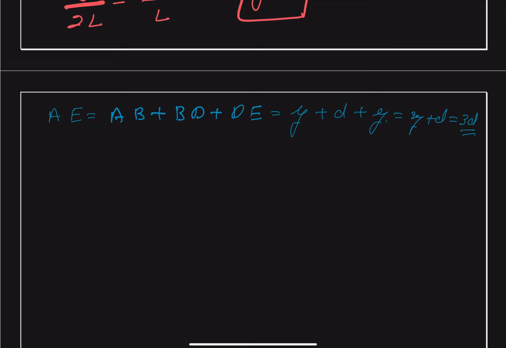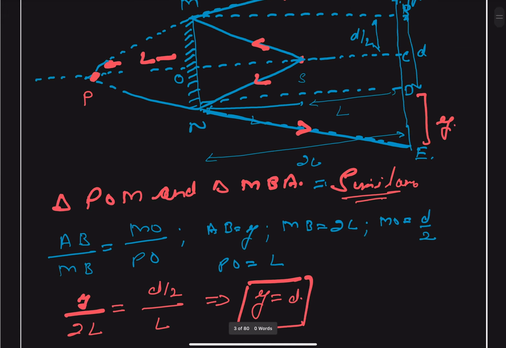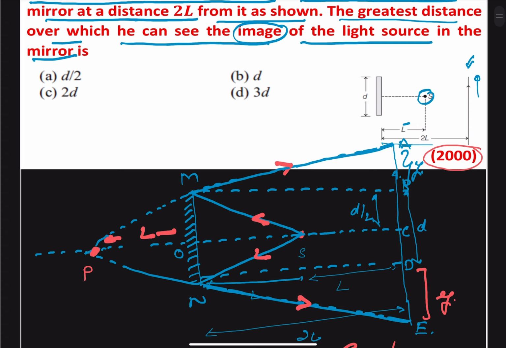So we get that AE is equal to 3D. This is the maximum distance which was asked for, so option D is the correct option.